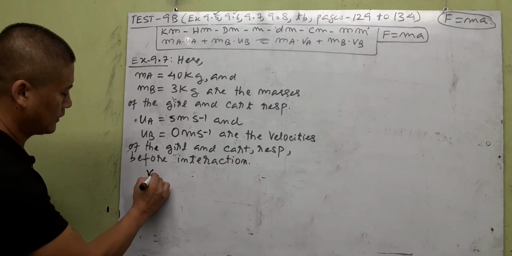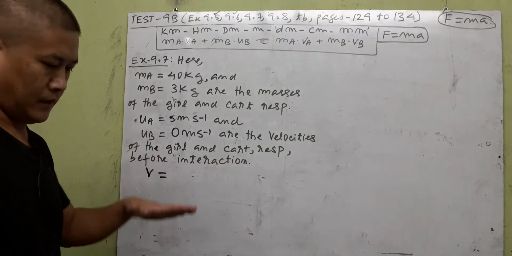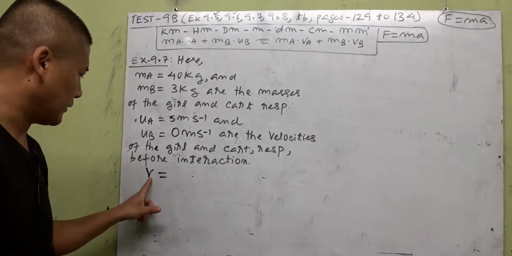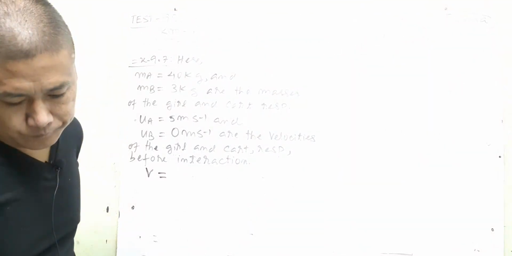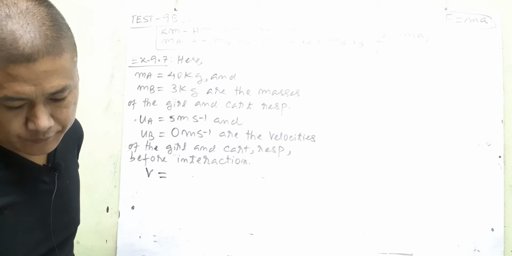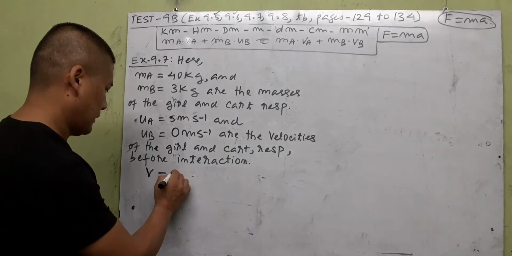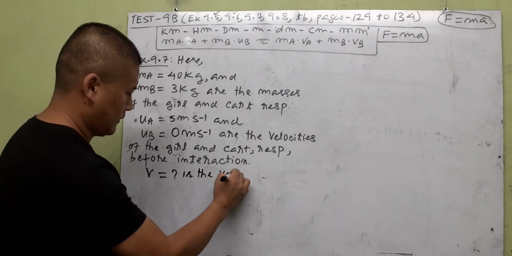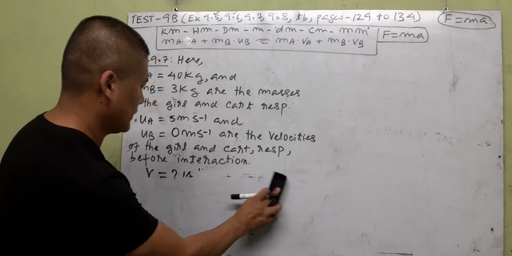And V is equal to, once the girl jumps on the cart, the girl will begin to have the same velocity, right? So that is only V. So what is her velocity as the cart starts moving?